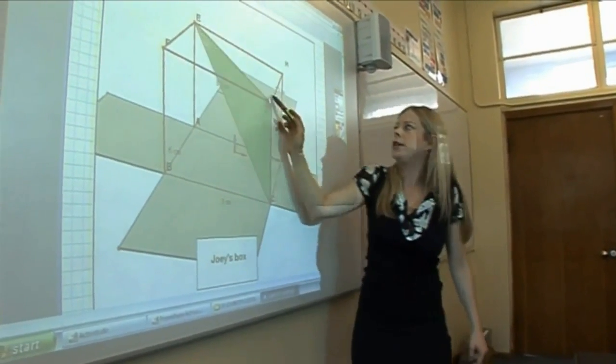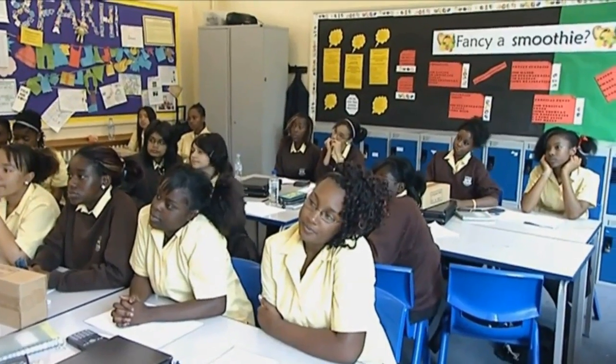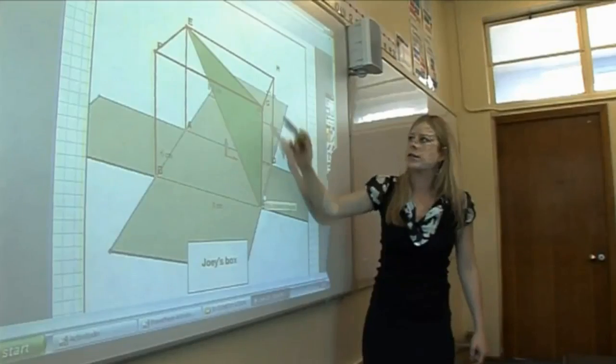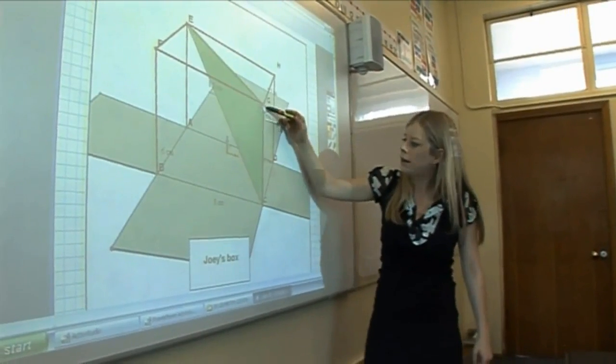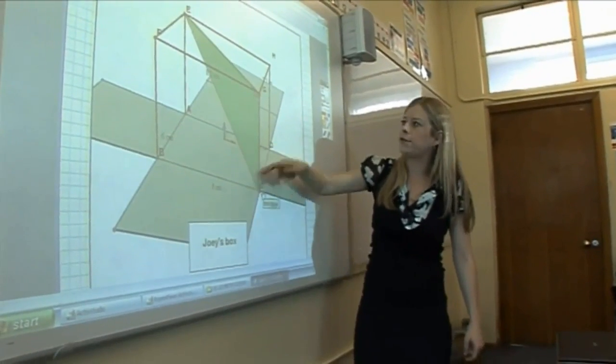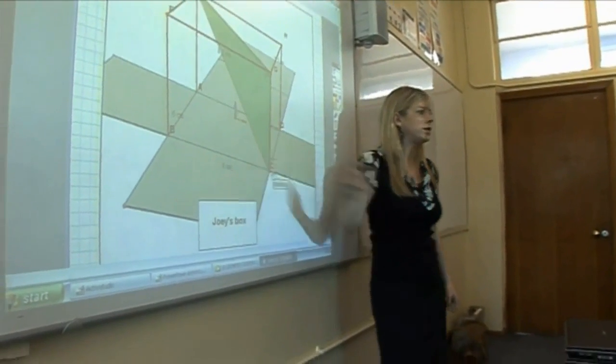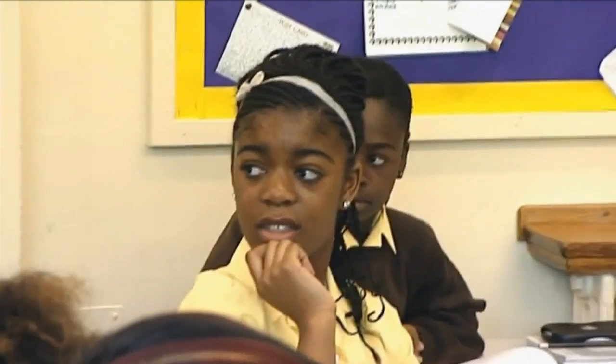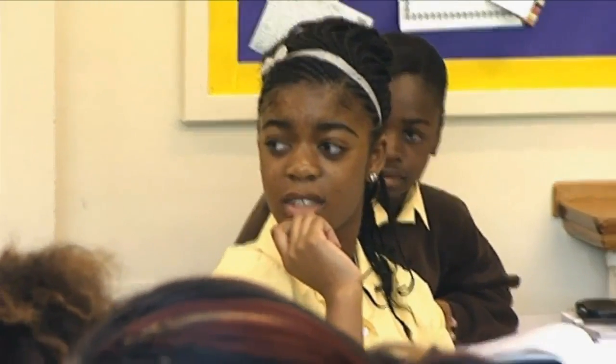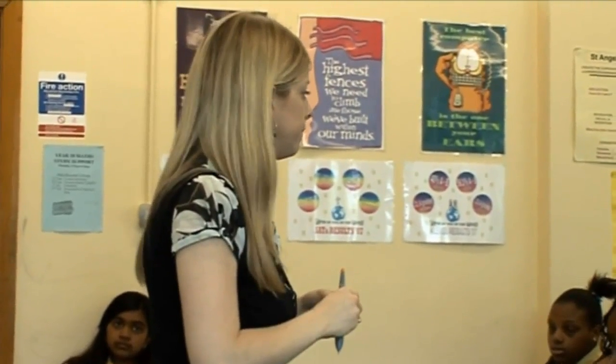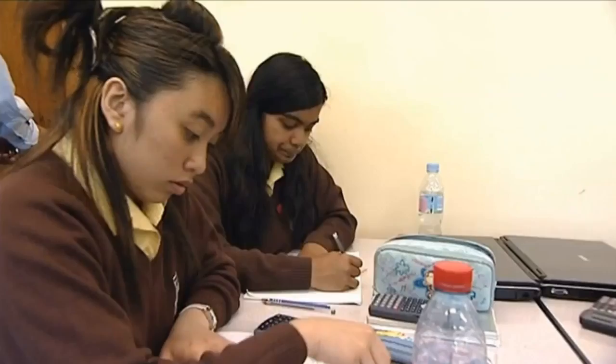Once we know EG, we already know that from G to C is 6, so we can use our value from EG and GC to find the length of the longest diagonal. So in fact, in this problem, we have to use Pythagoras twice. Okay? I want you to try that out with the person beside you now, please.